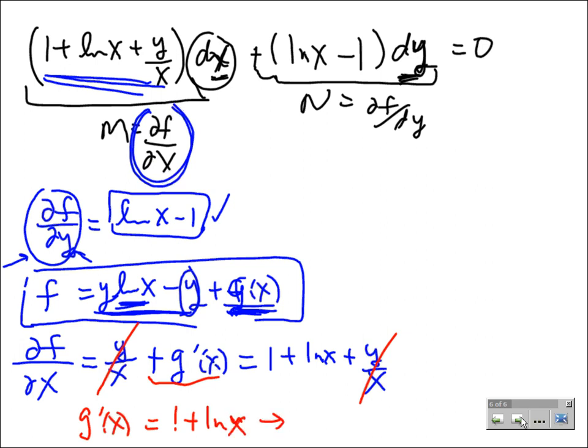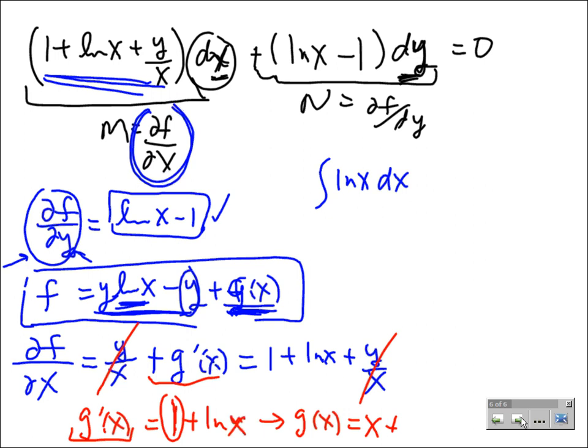I integrate both sides with respect to x. The integral of g prime of x is g of x, equals the integral of 1, which is x, plus the integral of ln of x, that's a whole other story. What is the integral of ln of x dx?